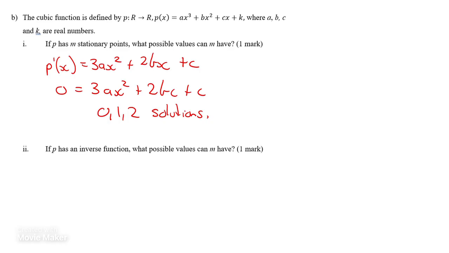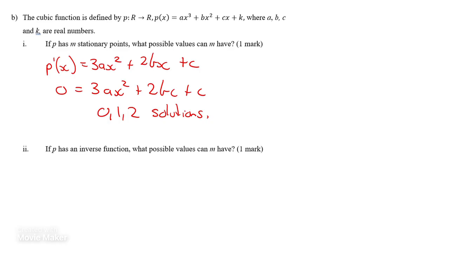The second part for II, and this part here is 20% got it right, says if P has an inverse function, what possible values can m have?